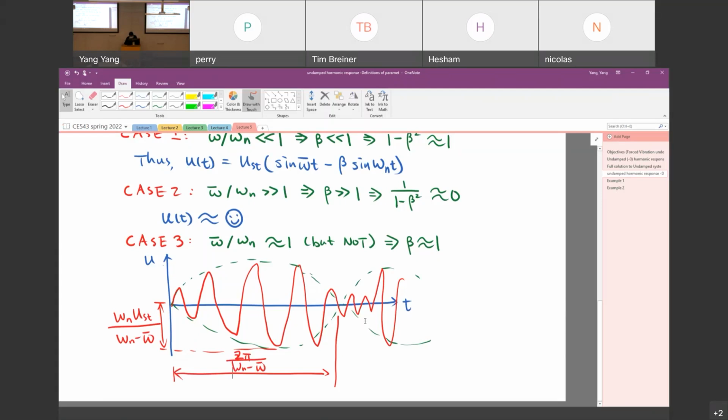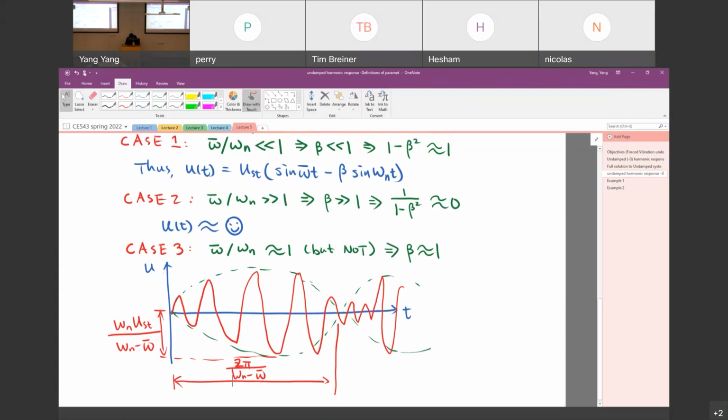So this phenomenon is called beating. It's close to one, but not equal. The period of the beating is 2 times pi over omega n minus omega bar. Okay, thank you.